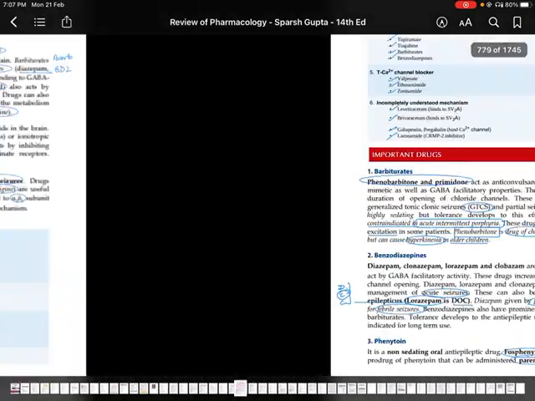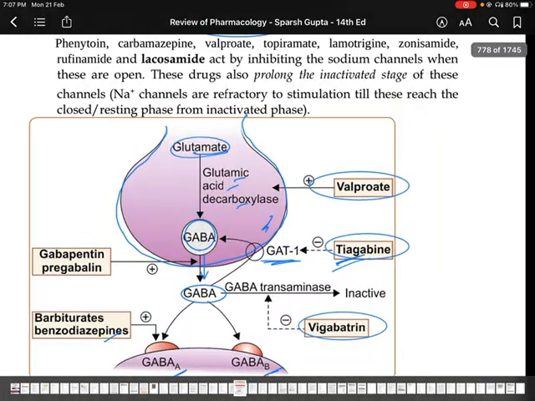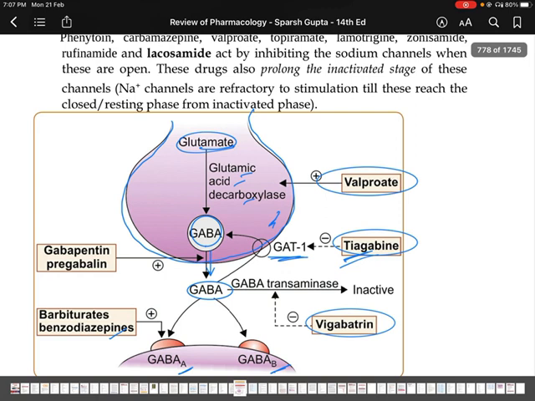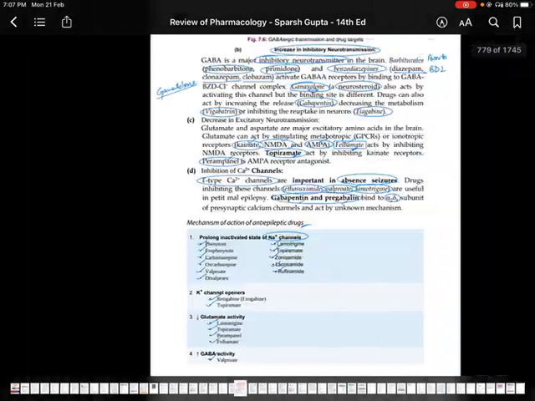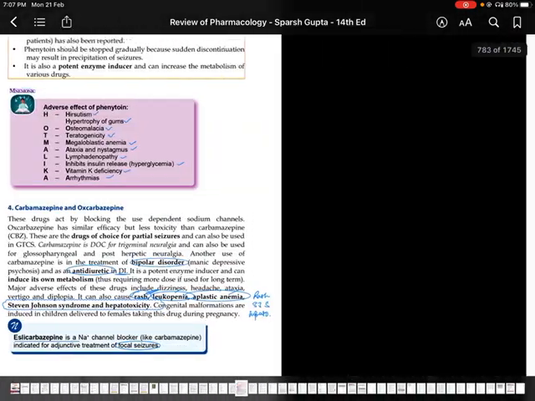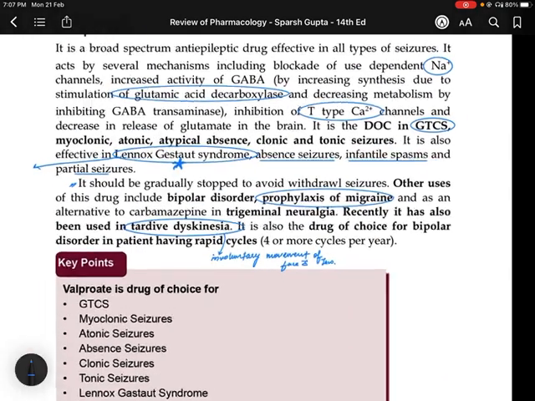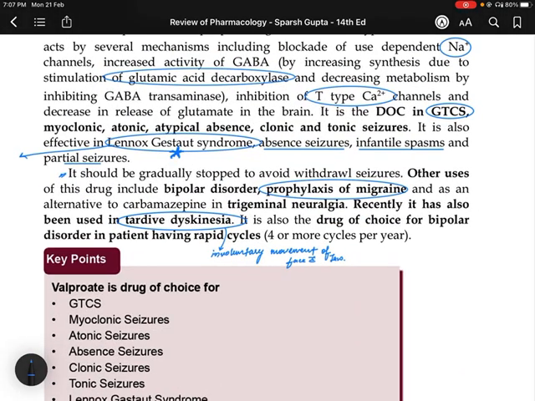Here's the diagram. So glutamate is converted to GABA with the help of glutamic acid decarboxylase. So it increases the activity of that enzyme, right? And decreasing metabolism by inhibiting GABA transaminase, inhibiting T-type calcium channel.